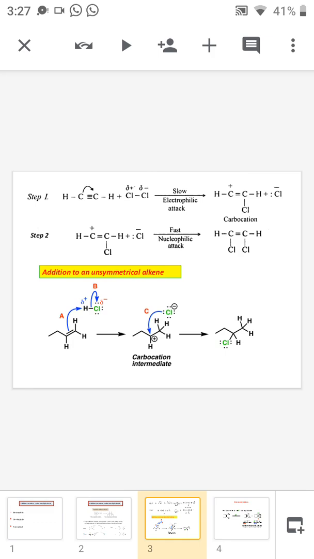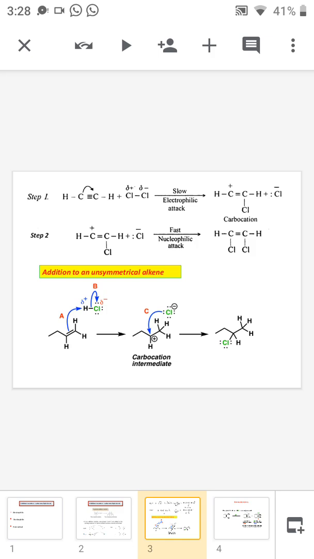Now the electrophilic addition reaction may occur in a triply bonded compound, and here in this example our starting material is acetylene, and both the electrophile and nucleophile are chlorine. That means we are adding chlorine to the acetylene. So a partial positive charge is developed in one of the chlorines, and in the other chlorine a partial negative charge is developed.